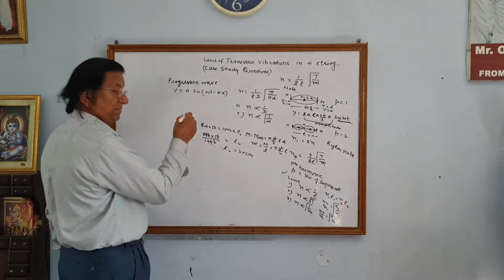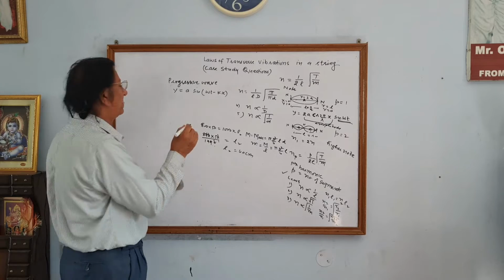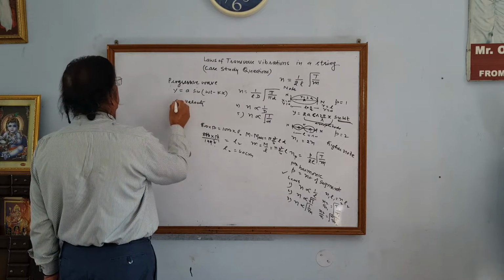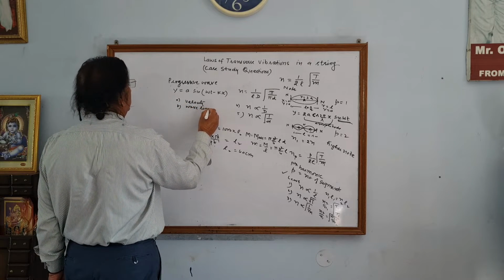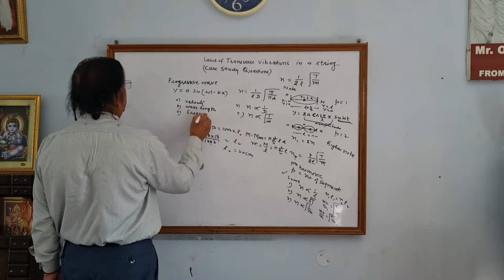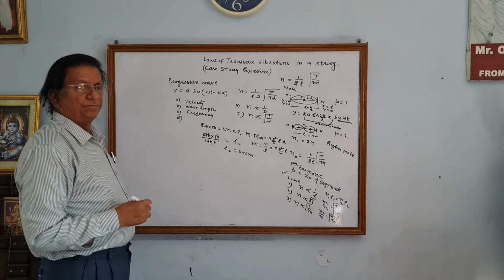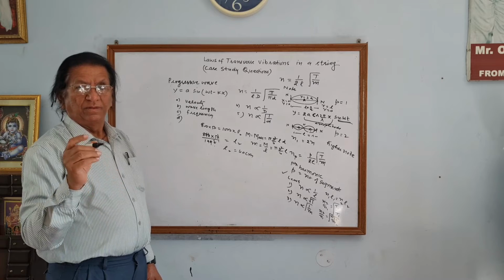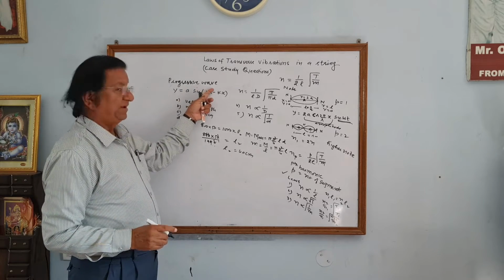The properties or the physical parameters related with the progressive wave is number 1 velocity, number 2 wavelength, number 3 frequency. My question is, progressive wave is traveling in a medium.